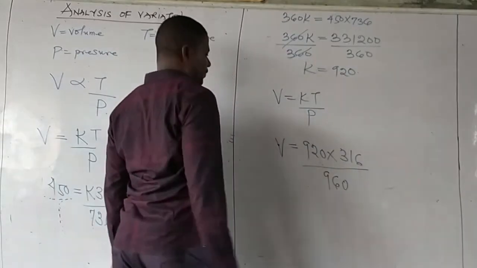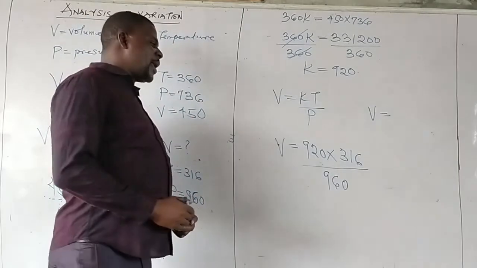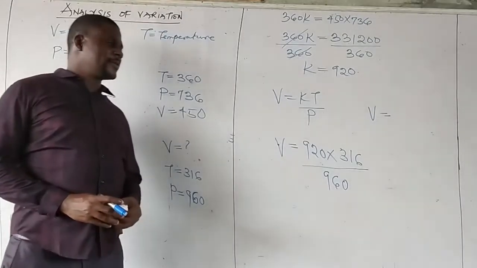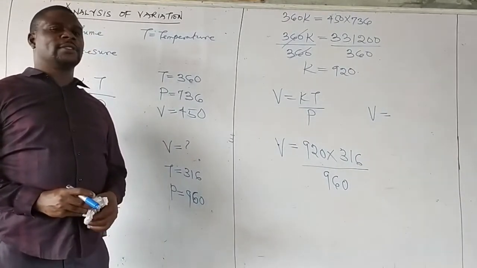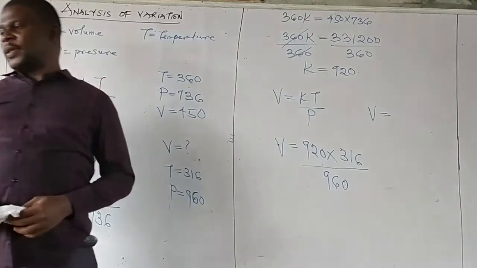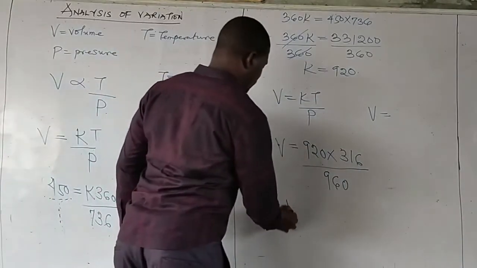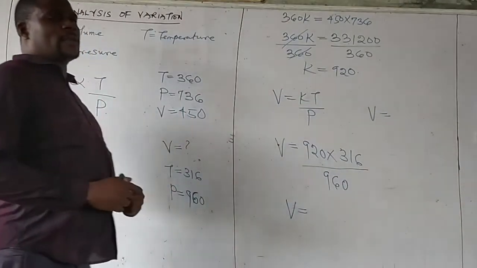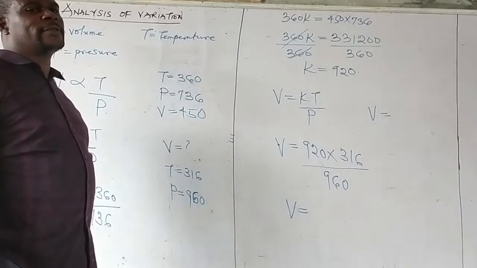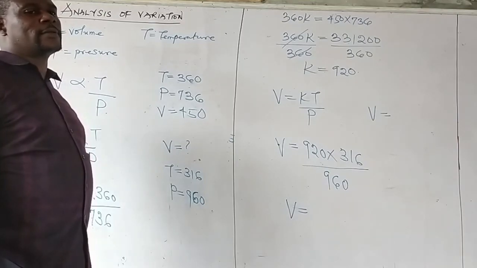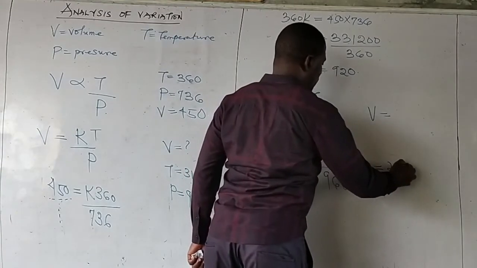We have multiply and divide. 920 times 316 divided by 960. 920 times 316, what was it? 290,720.